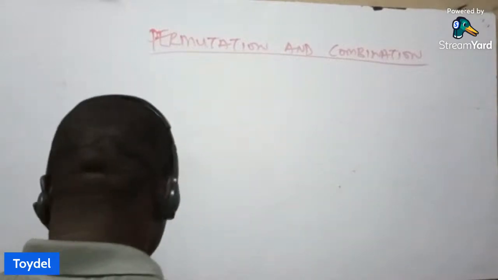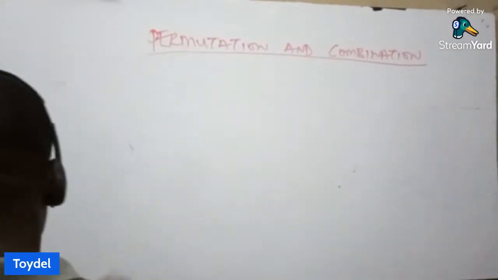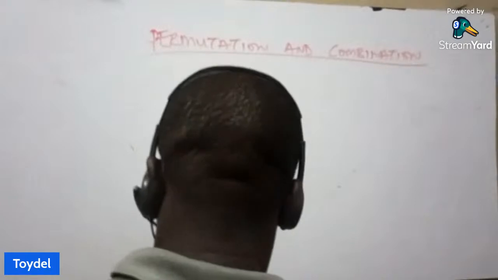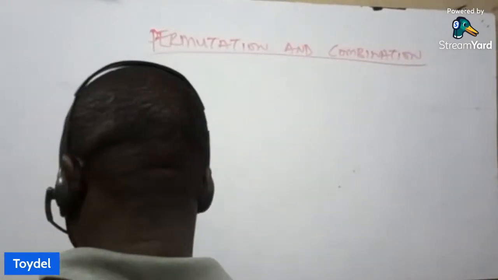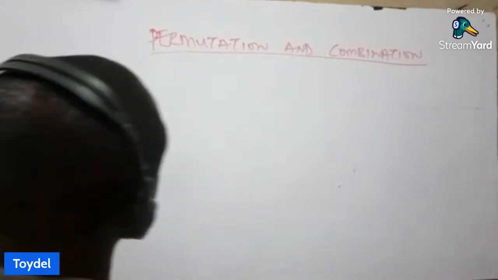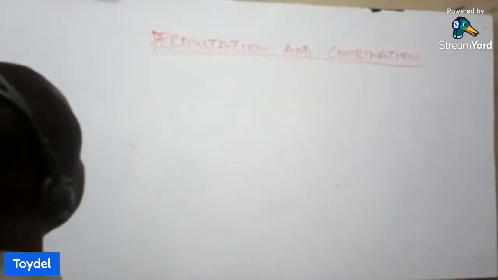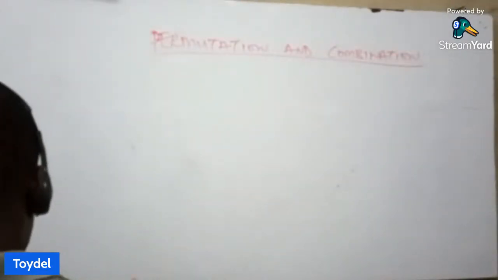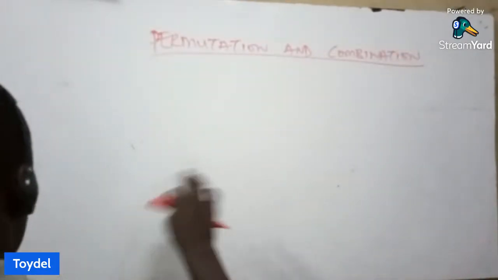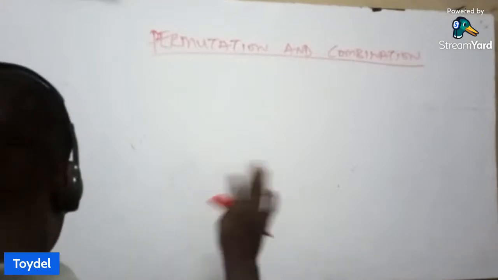So what is permutation? Permutation is the arrangement of objects taking into account the different order of arrangement. That is when we consider the arrangement of objects and we take into account different order of arrangement.